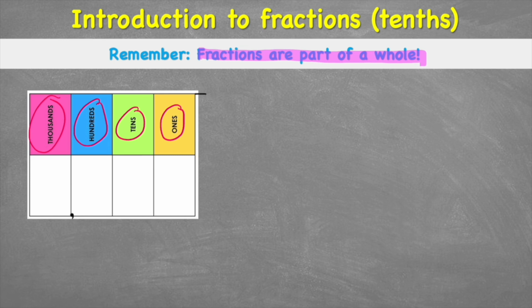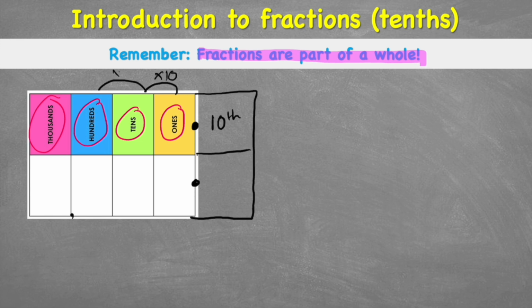So we would end up having to put this extra section that we will then call tenths. And don't forget, we would need our decimal place between them. This decimal point shows that we're now less than 1 and we're into fractions. And the reason it's tenths is because if we think about it, everything going positive across our place value is multiplied by 10. So 1 to 10, 10 to 100, and 100 to 1,000.